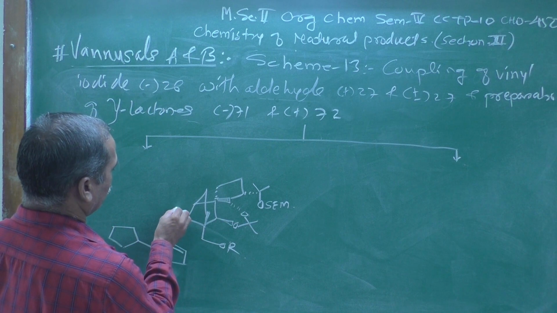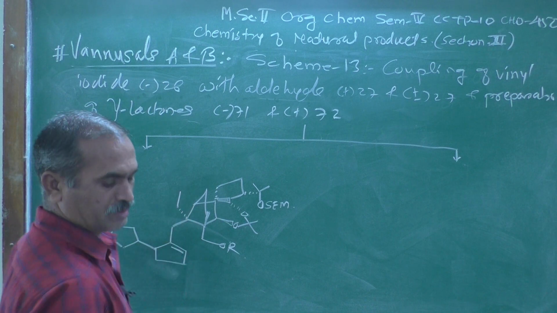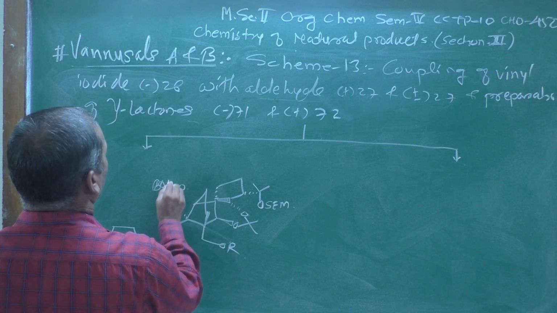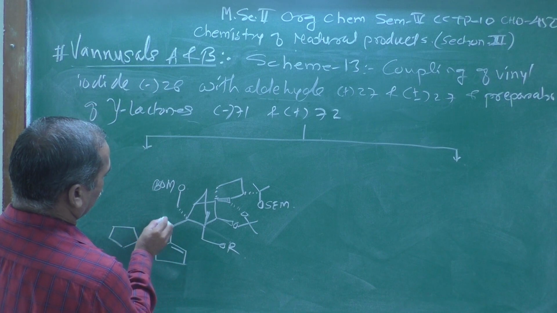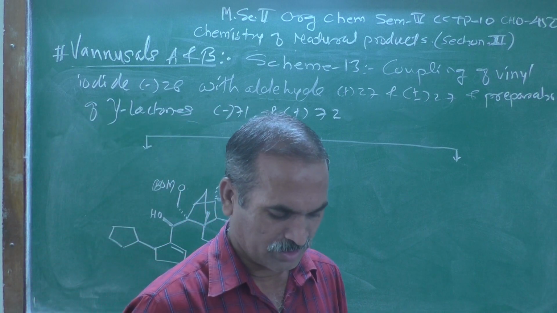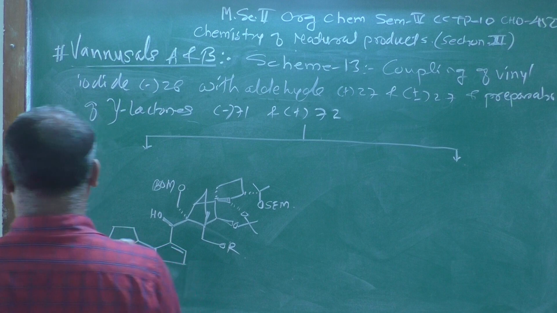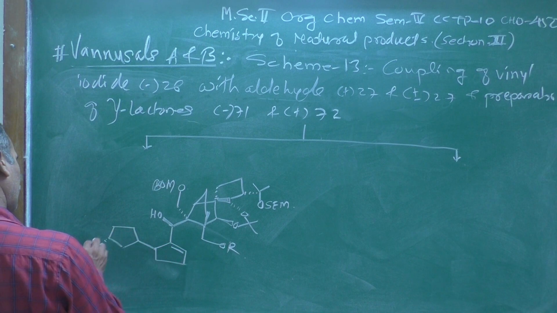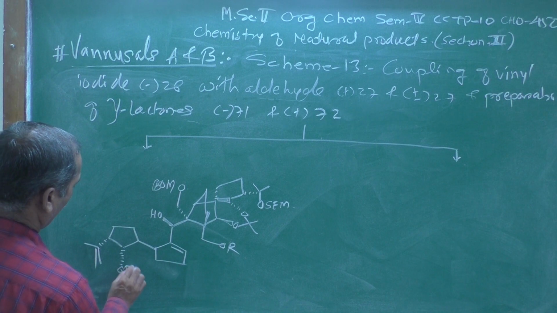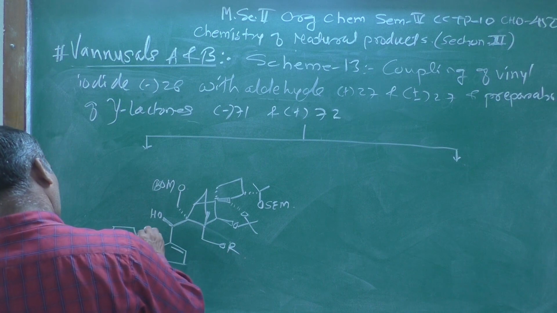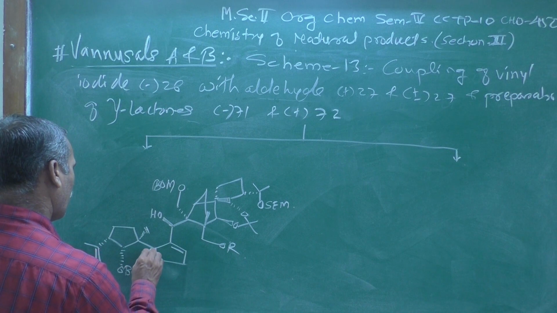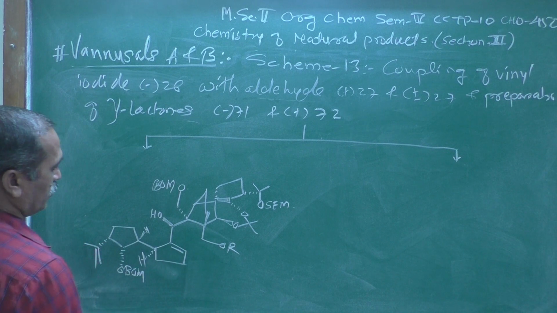Here is one of the groups which is as it is and which is protected with BOM, and here is a hydroxyl group, it should be above the plane. Coming to our A ring, the A ring has this isopropyl group as well as this protected BOM, and the hydrogen atom which I am showing over here is as it is, and another hydrogen atom which I am showing over here is this one.